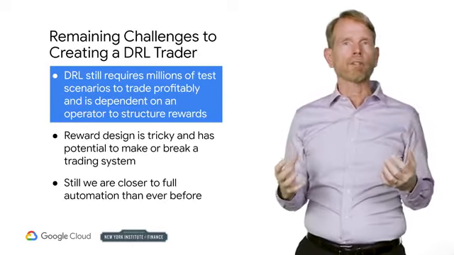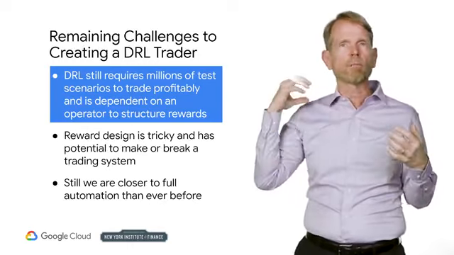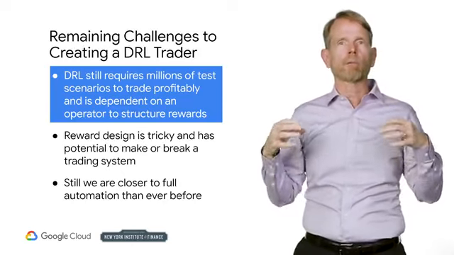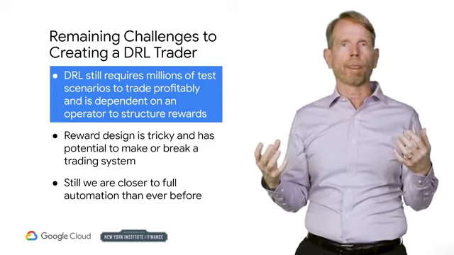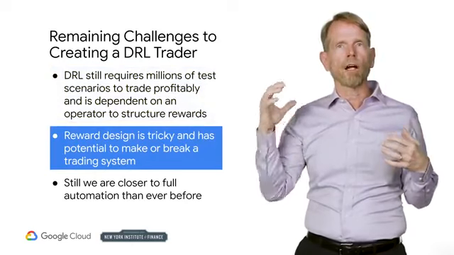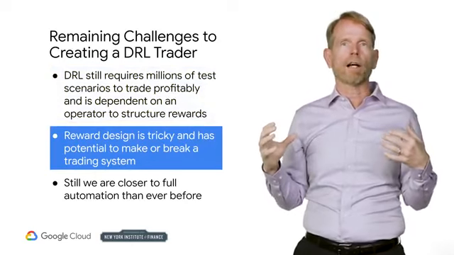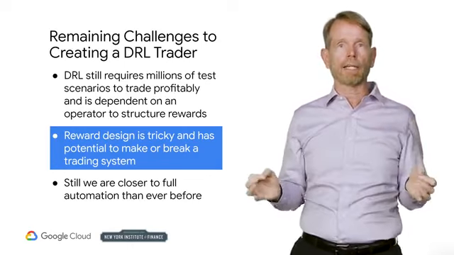Although way more flexible and powerful, a deep reinforcement learning agent still requires millions of test scenarios to become proficient at what it does. Think of AlphaGo, for example. Also, while these types of agents are closer to autonomy, they still require an operator to assign a reward to their actions, either positive or negative.